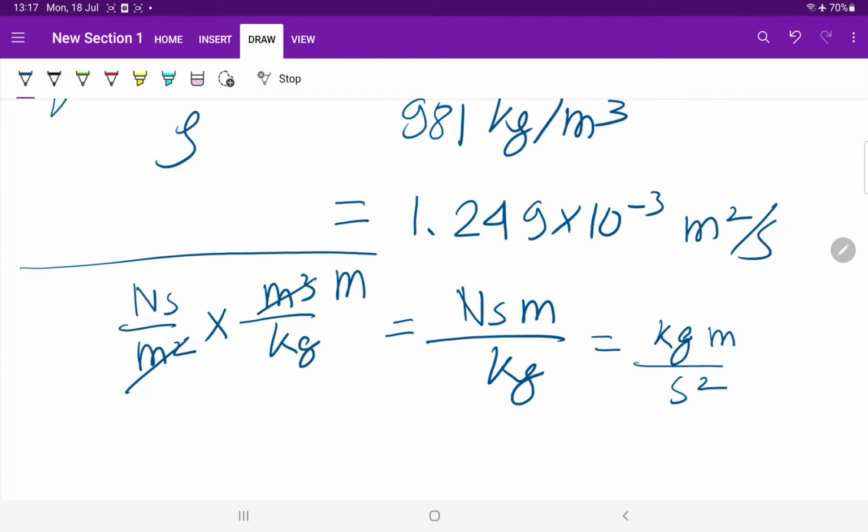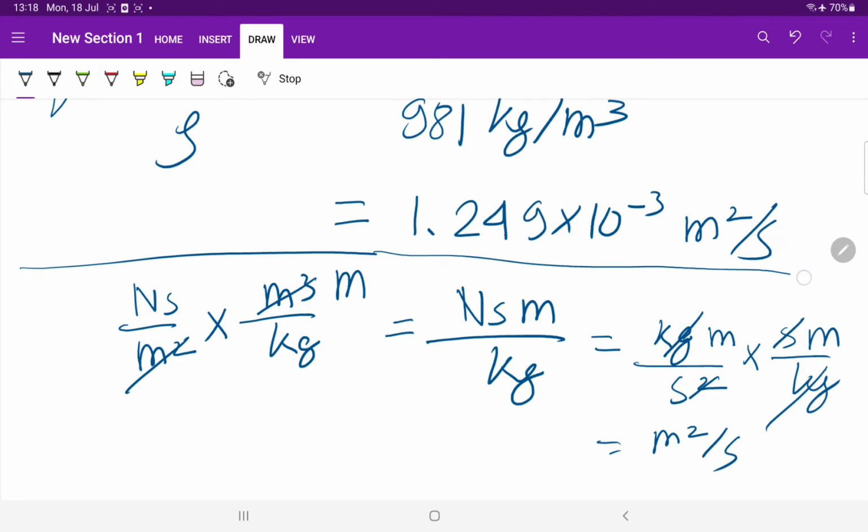That's what I have written for Newton right now. And we already have Newton second meter by kg. So first of all, kg will cut, this second will cut one second, and one second will remain. So what is remaining here? Meter square per second.